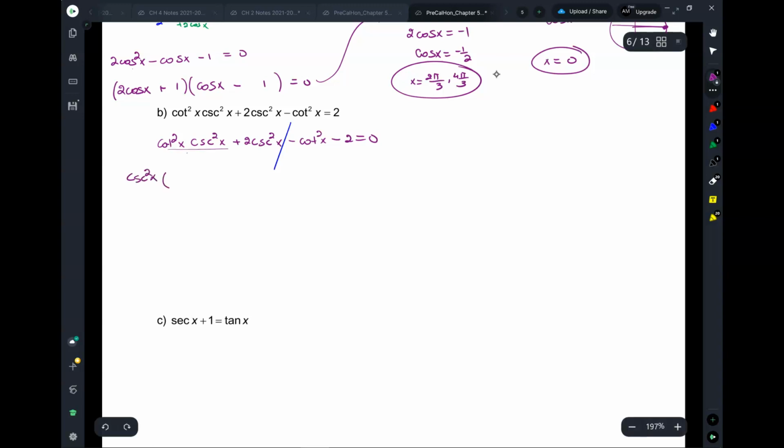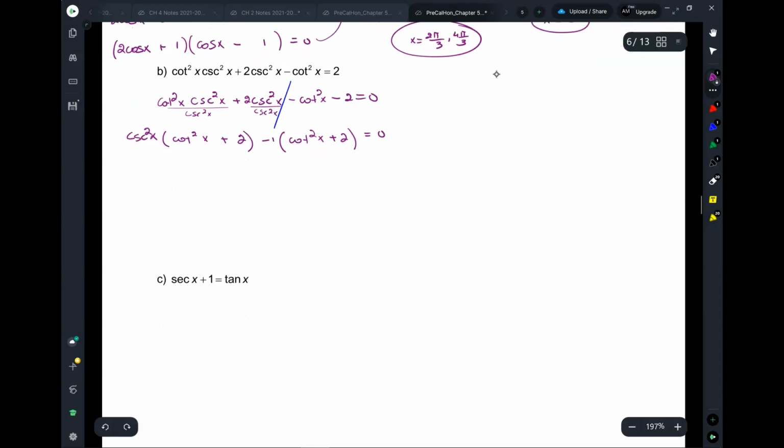Okay? So from here, I can factor out a cosecant squared x. And if we divide by cosecant squared x, I get cotangent squared x plus 2. From here, I can factor out just the minus 1, leaving cotangent squared x plus 2.